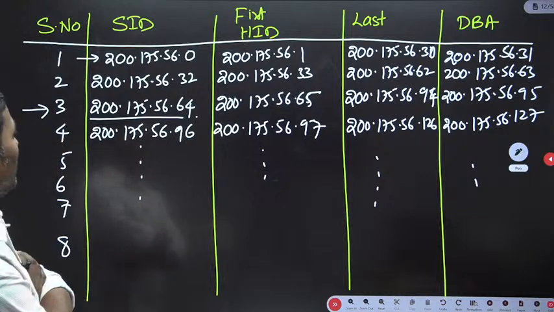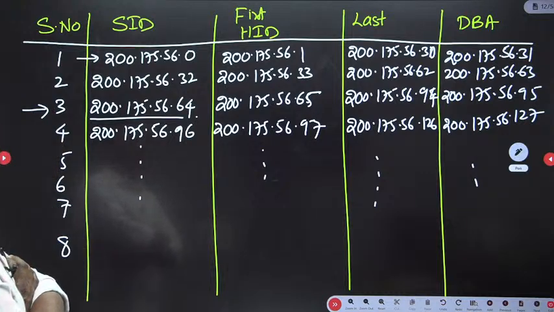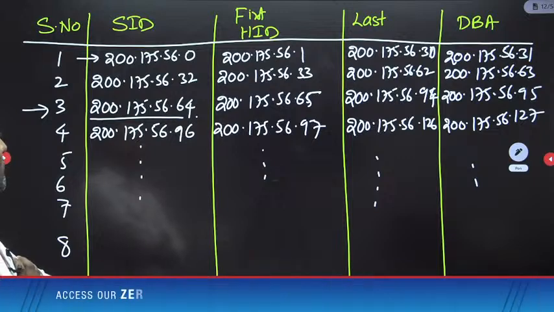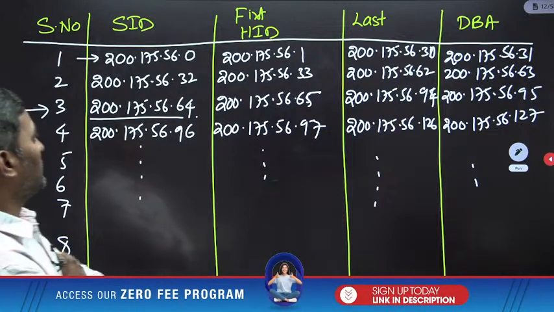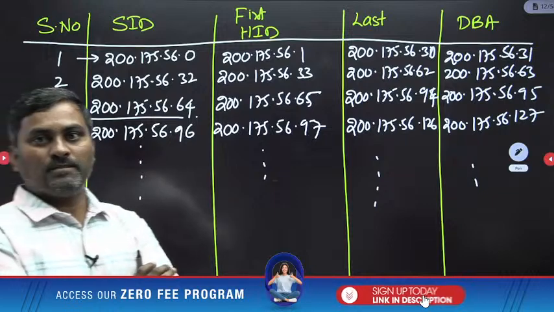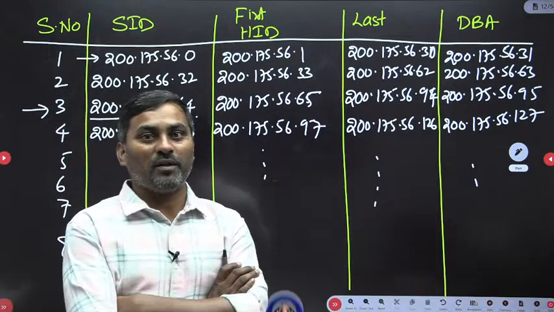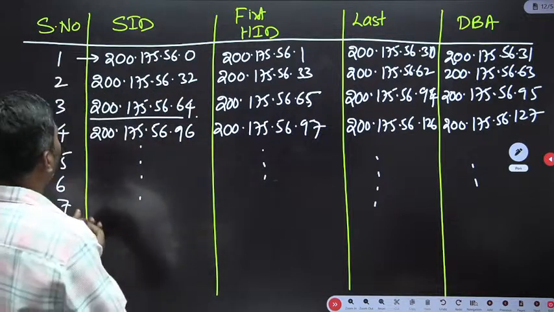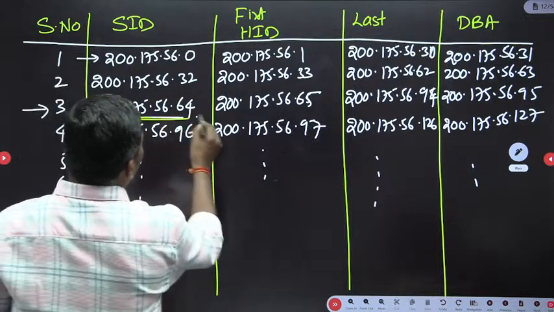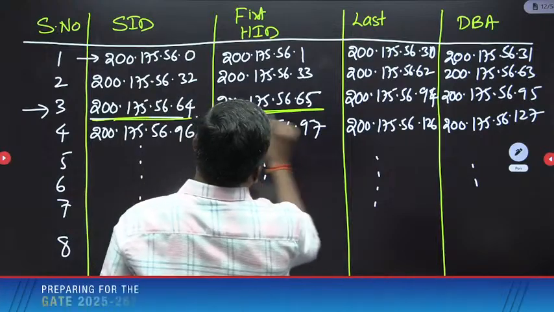74. It is required to check properly, Parthasarathi. So this started the third subnet. This is the first host ID, correct?